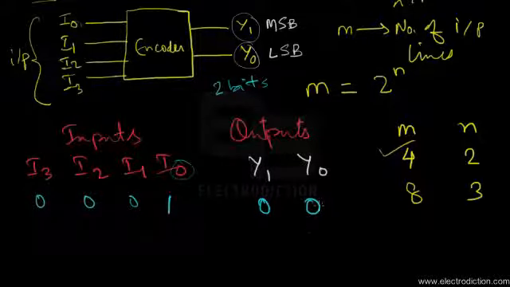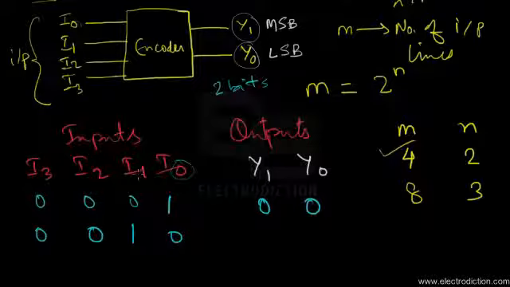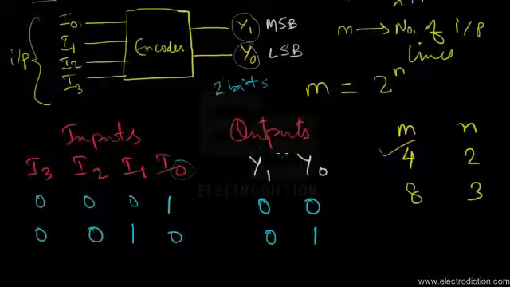Having that said, let us now select line I1. So I apply a logic 1 signal at I1 and keep the rest at logic 0, since the other lines are not selected at all. For the decimal value of 1, the binary code output would be 0 1 in terms of 2-bit binary system.